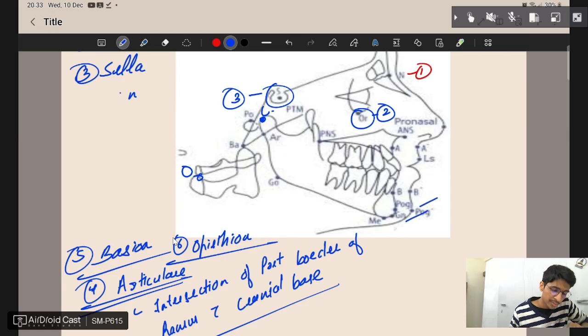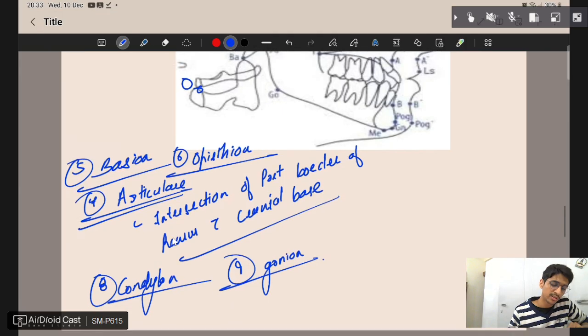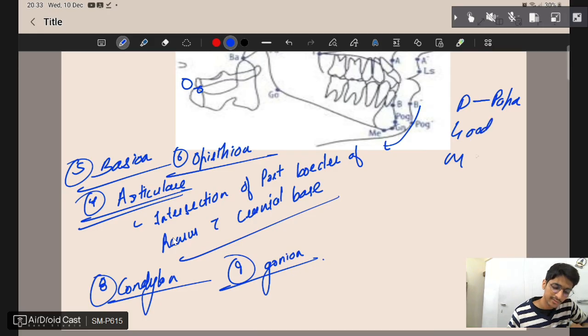Pogonion, gonion, menton. We have a mnemonic for this, as these come in sequence: PGM, Papa G, good morning.